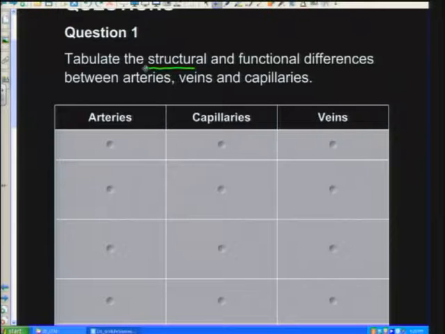Look at what it's talking about: the structural and functional differences between these three, arteries, veins, and capillaries. Remember, when it says tabulate, you must draw a table, and we've already started with a table there: arteries, capillaries, and veins. And we're going to look at one thing at a time.